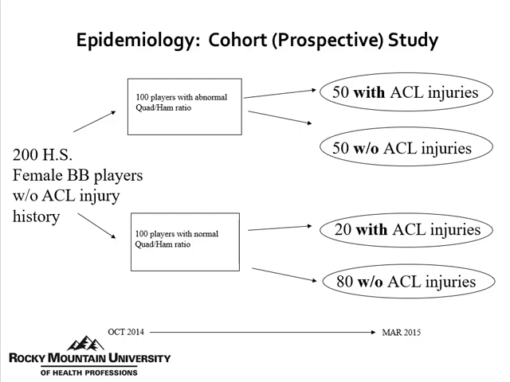We did some testing, and we did isokinetic testing to find that 100 players had an abnormal quadricep to hamstring strength ratio, whereas 100 players had a normal presentation. And then we followed them over the course of the basketball season from October of 2014 to March of 2015. And we found that there were 50% of those with an abnormal preseason ratio that went on to have an injury, whereas only 20% experienced an injury in the normal group.